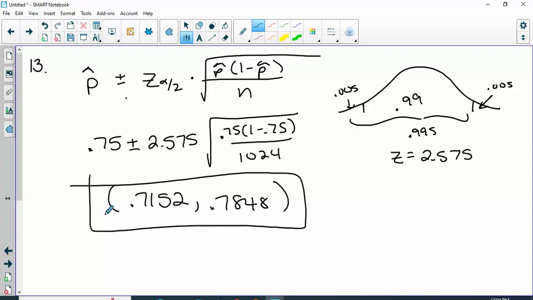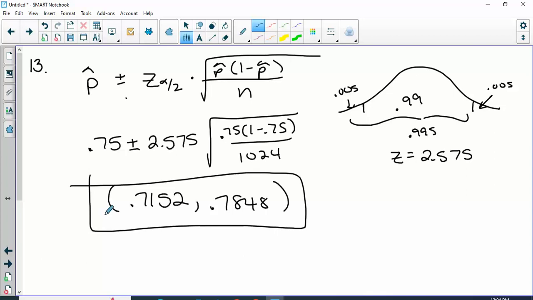So then, if we go into that, first thing it asked us was the x value. So if we look, our x was the 768, our n was the 1024, confidence level is 0.99. And so if we calculate, we get 0.71514 and 0.78486.